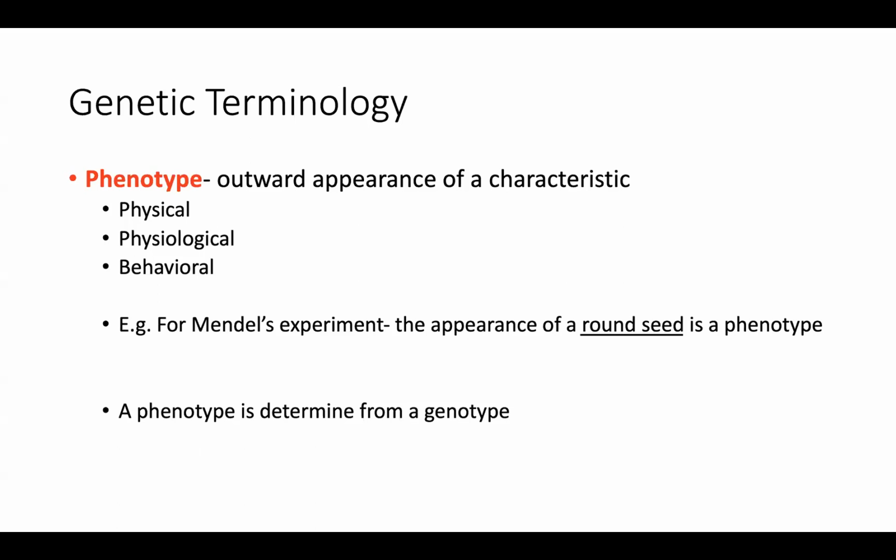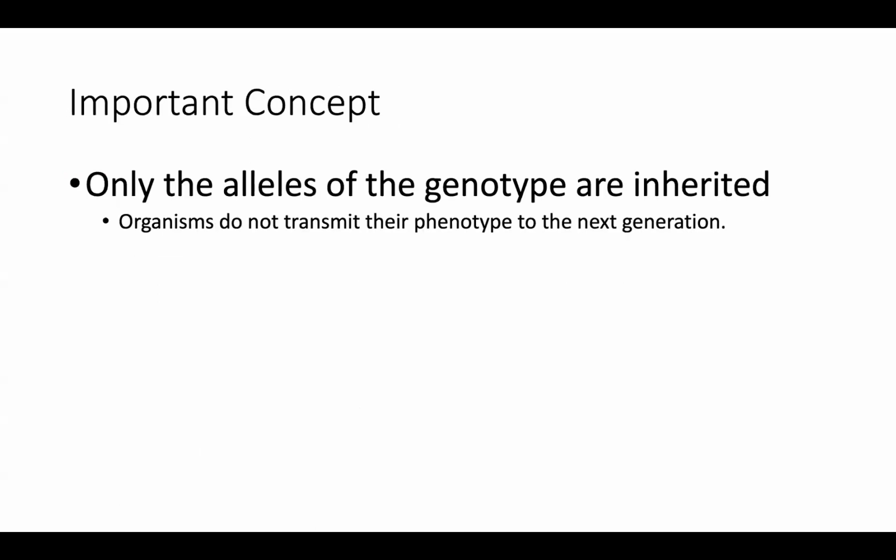Okay. So the important concept that I want to point out to you right now as we're thinking about inheritance and this passing down of information from parent to offspring is that only the alleles or the genes themselves of the genotype are inherited. Organisms do not transmit their phenotype to the next generation, right?